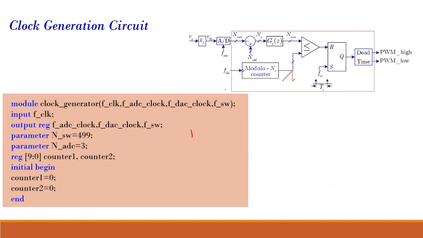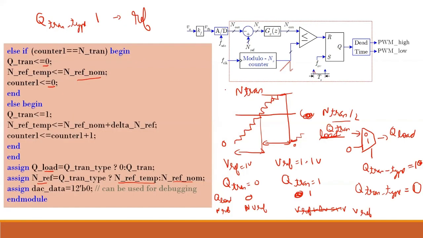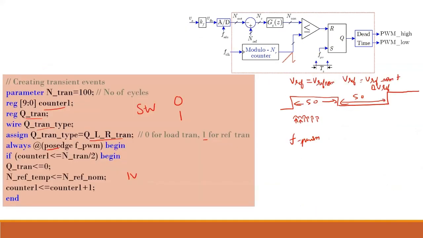Sir, in the previous slide, this statement, assign Q load equal to Qtran type question mark 0 colon Qtran. Sir, in this, Qtran type depends on the value of Qtran, right? No. That's why these variables are not actual problem. If you see, Qtran type is here.